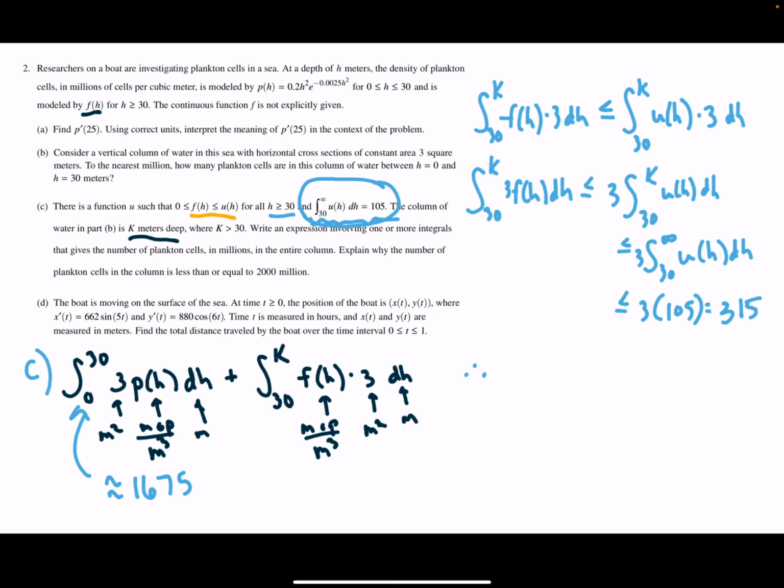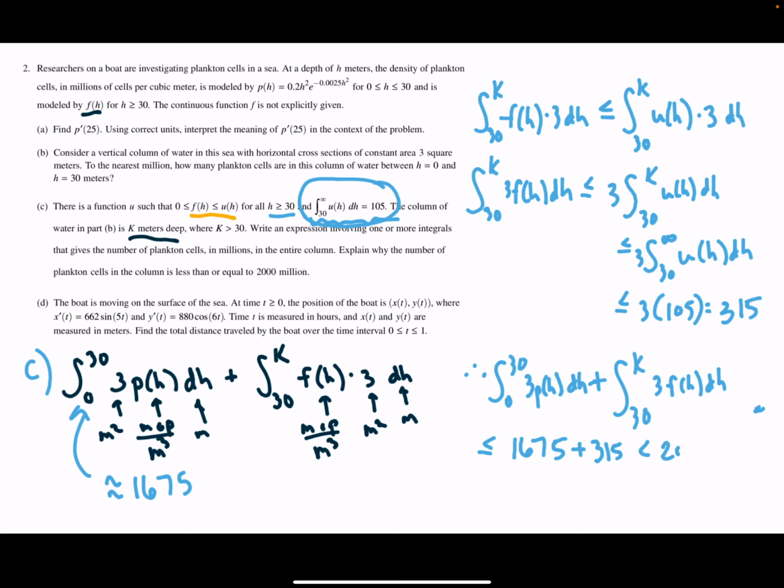And so therefore, the two integrals added, the integral from 0 to 30 of 3 times P of H dH, plus the integral from 30 to K of 3 times F of H dH, has to be less than or equal to 1675 plus 315, which is less than 2,000 million.